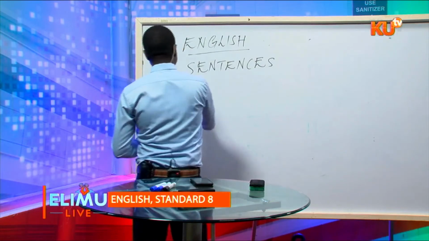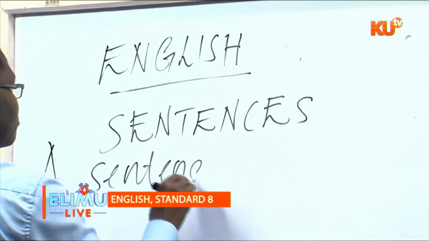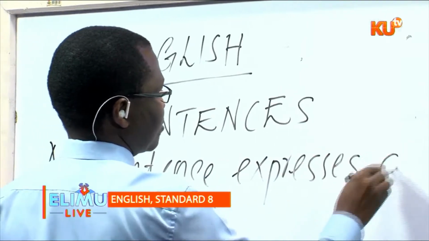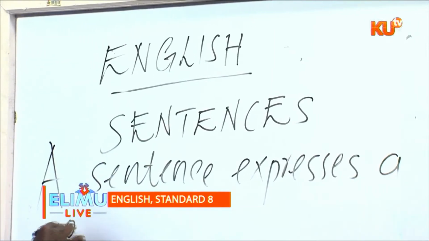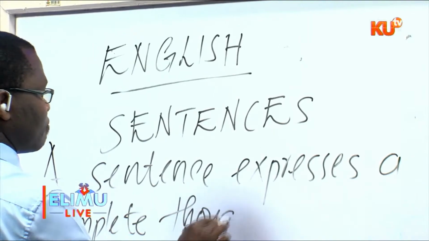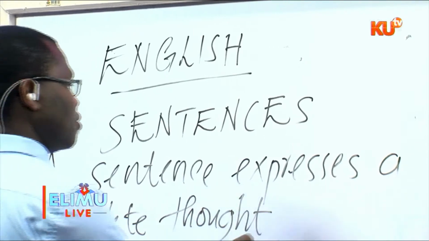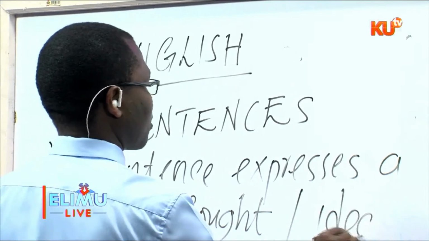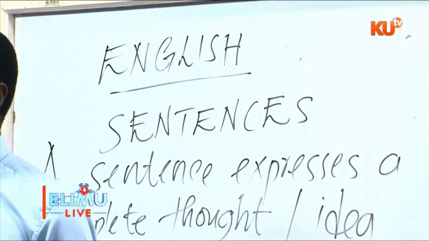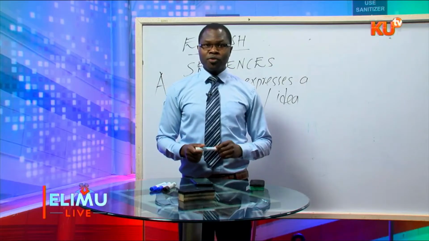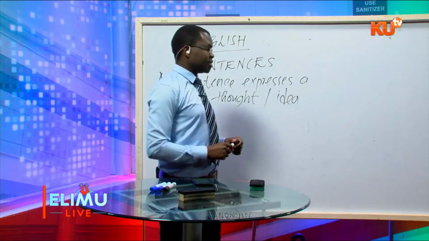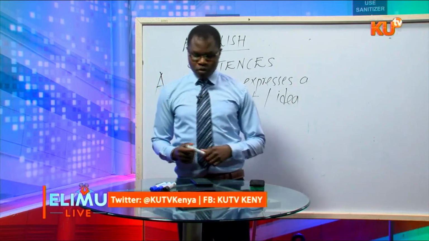So a sentence expresses a complete thought or idea. That is the basic meaning of a sentence. Whenever you want to put something across, we use sentences to communicate. And then we have said that a sentence expresses an idea or thought.